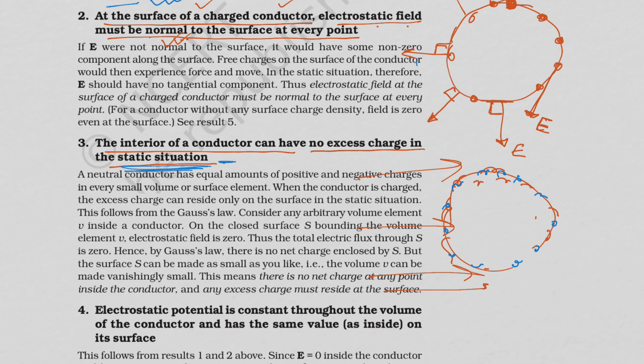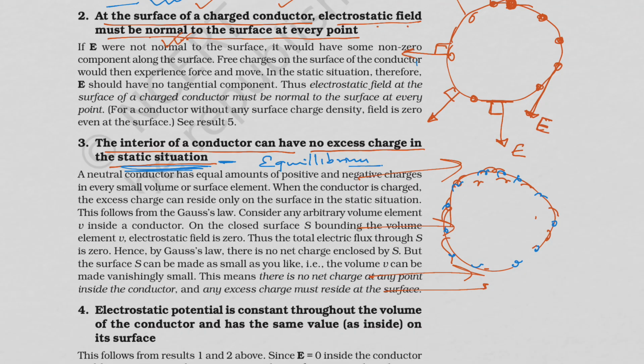A static situation is called the equilibrium situation, when the forces settle down and all these charges are redistributed, and then there are no free electrons inside the conductor.